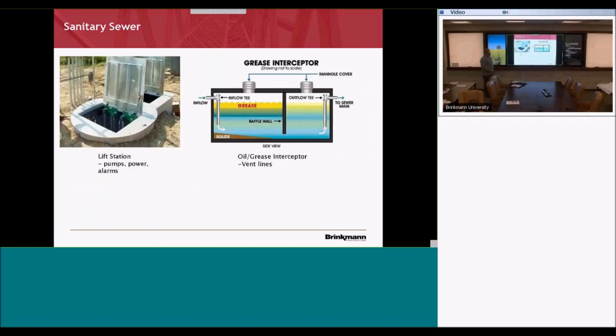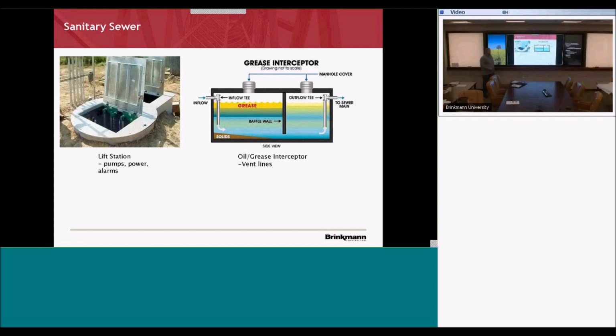Here's the lift station. As I said, typically we flow downhill unless we have to go uphill, then we're going to need a lift station. Whenever you see one of these on site, on your plans, or if you're bidding something, know that the cost is going to go up quite a bit. It's going to depend on the size of the structure. You're going to have pumps in there, depending on the horsepower of the pump and how fast it needs to operate.